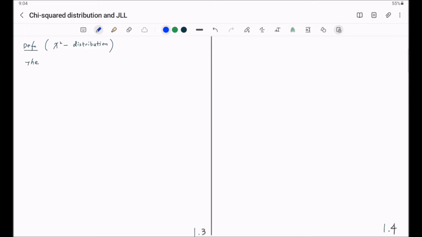The chi-square distribution with k degrees of freedom is a distribution of the sum of the squares of k independent random variables, each following a standard normal distribution.